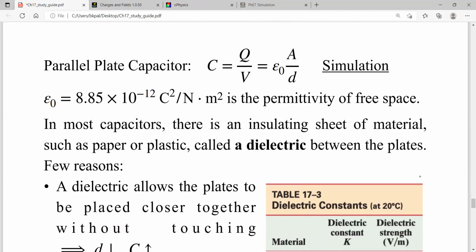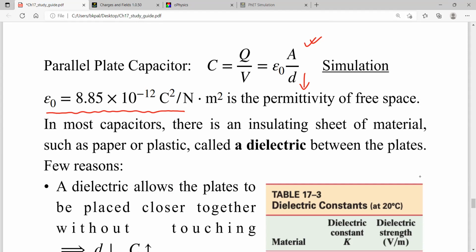Now before I talk about this equation, let me tell you that the value of the permittivity constant is this. Now from this equation, you can see that capacitance can be increased if you decrease D, I mean, if you decrease the separation between the two plates.